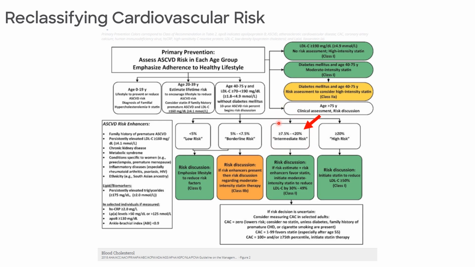You may have family history, you may have high cholesterol, which doesn't always translate to coronary disease, but a lot of times it does. And so you need something to help give you a push in one direction or another. So they recommend risk discussion, consider statins, but if the risk decision is uncertain, they actually say consider measuring a coronary calcium score in selected adults. And for a lot of people, I think this is very helpful in reclassifying the risk, either higher or lower.